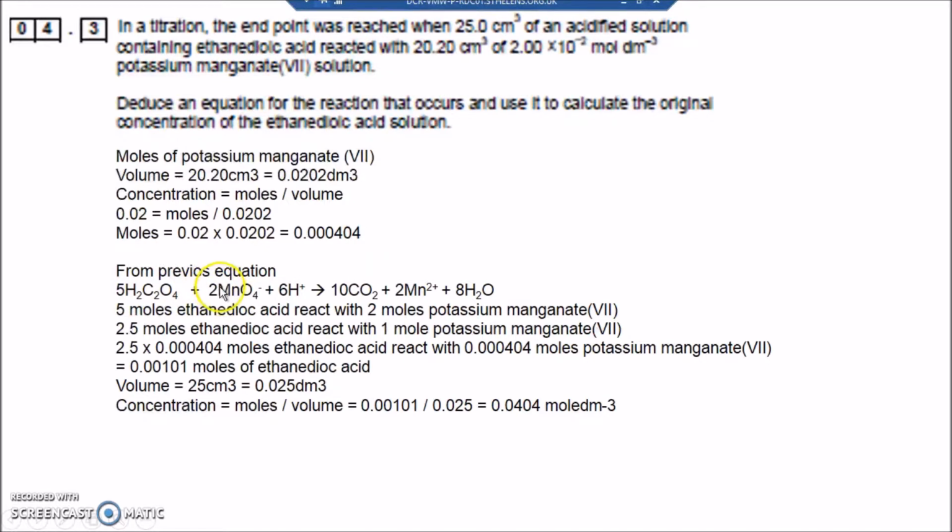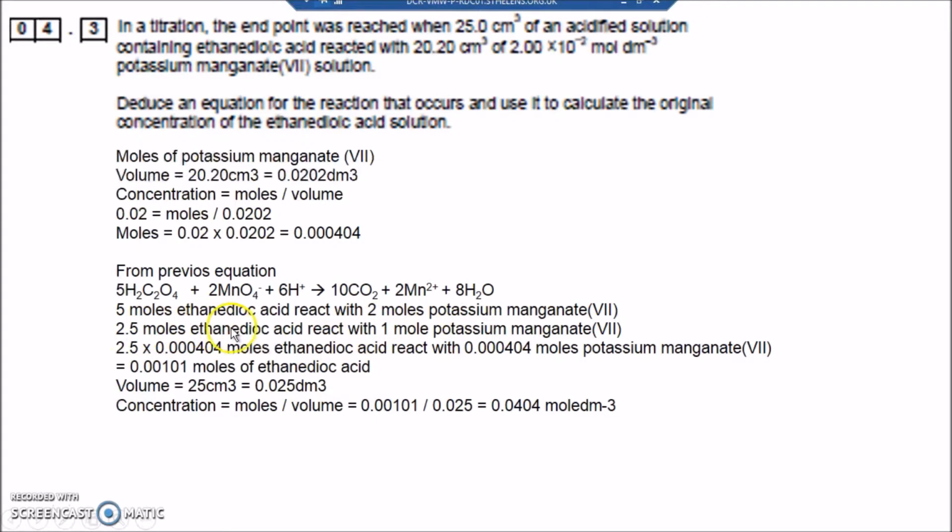Now, for every 2 moles of MnO4 minus reacts with 5, or another way of doing it is 5 moles of ethane dioic acid reacts with 2 moles of potassium manganate 7. Or I could say 2.5 of those, half the amount, reacts with 1 mole of potassium manganate 7, if that makes things easier. I haven't got 1 mole of potassium manganate 7, I've only got 0.000404 moles.